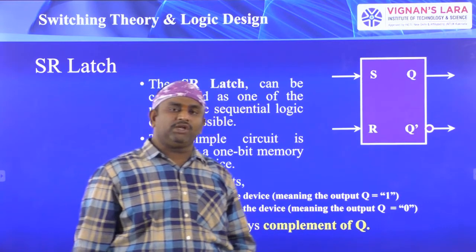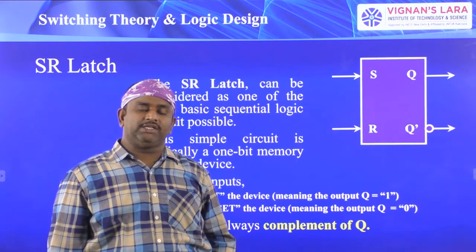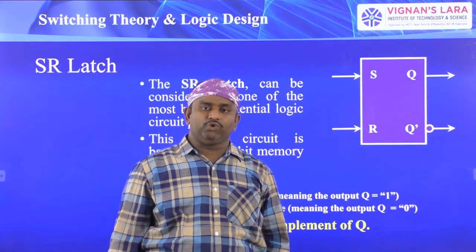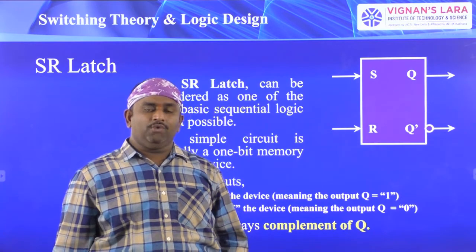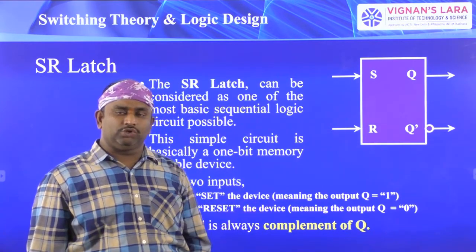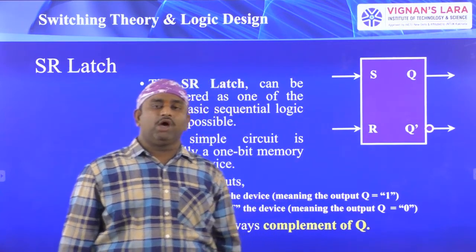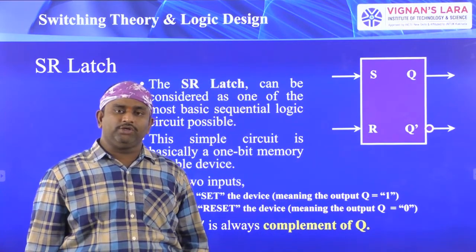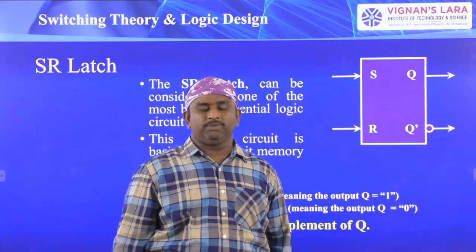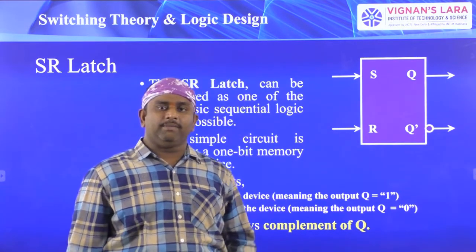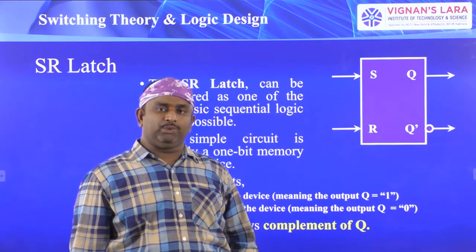When you give set equal to 1, you are setting your system, that is, the output of your system is going to be 1. That is, your system is in the working condition. When you give reset equal to 1, the output of your system goes to the off state; the complete data of your system is erased and it returns to the starting situation as when you bought your device.